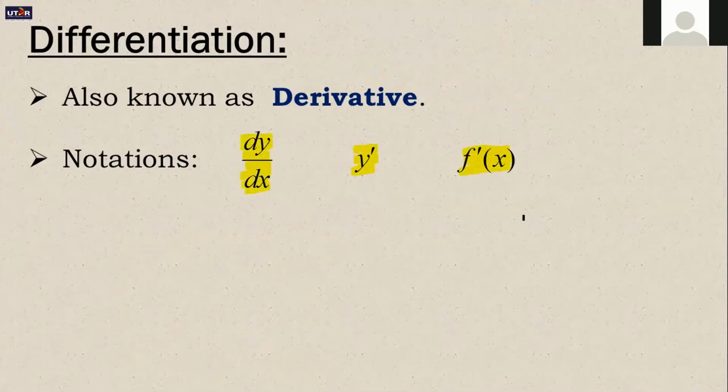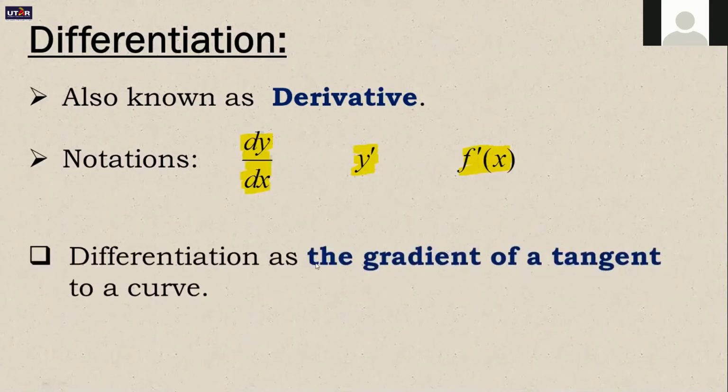Okay. So what is the meaning of differentiation? We have two meanings. The first one refers to the gradient of the tangent. That's why one of the applications of differentiation is finding the equation of a tangent line.